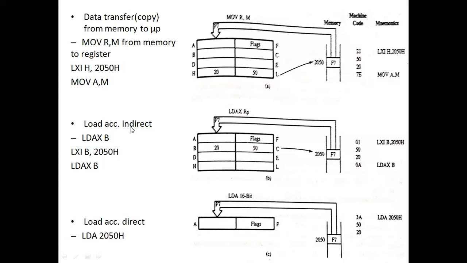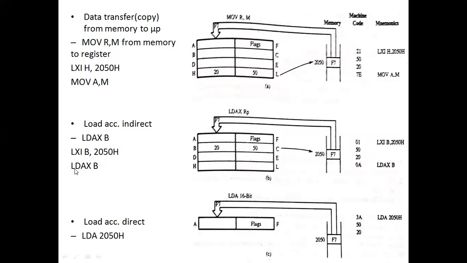Load accumulator indirect is another kind of instruction in which the address of the data is defined indirectly. The purpose of LDAX B is to copy the data from the memory, whose address is defined in the BC pair, to the accumulator. So again, it is a kind of indirect addressing.